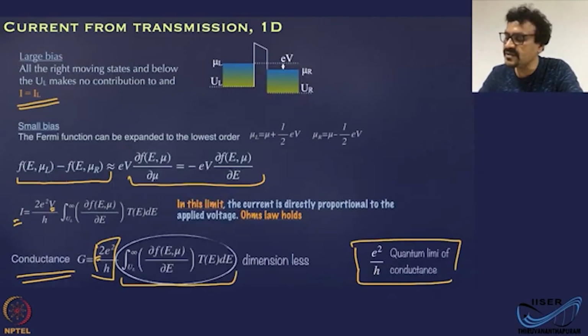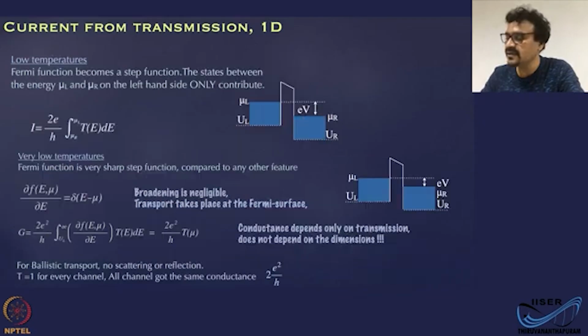In the previous case you have something like a Fermi distribution you can consider on the lead, but that is what I have tried to represent here by changing the color. Now here it is a clear step function at low temperature. There is not much broadening.